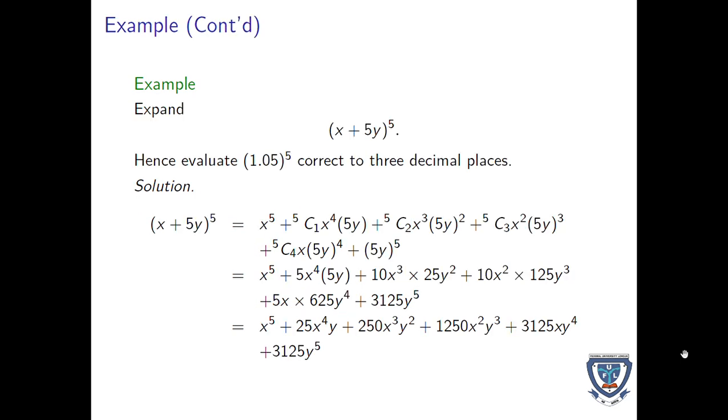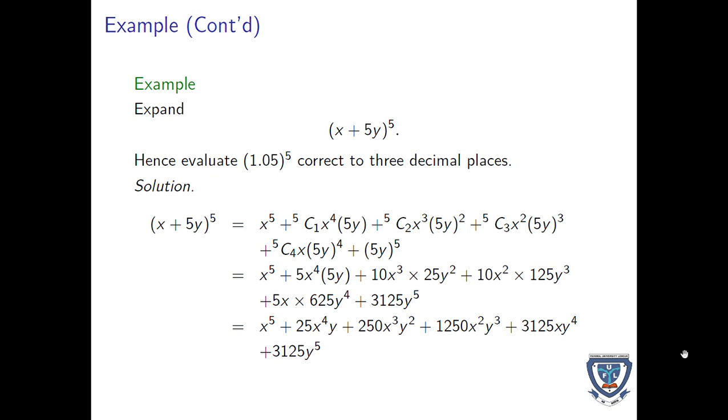Another example says: expand x plus 5y raised to power 5. Hence, evaluate 1.05 raised to power 5 correct to 3 decimal places. These are different ways questions can be asked in binomial theorem.